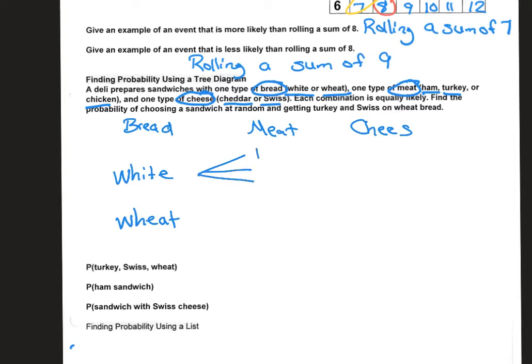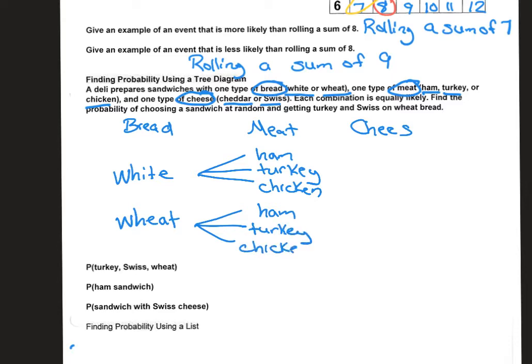We could have ham, we could have turkey, or we could have chicken. Same thing from the wheat bread. We could have a ham sandwich, turkey, or chicken. And this tree diagram is just a nice way to show our entire sample space.